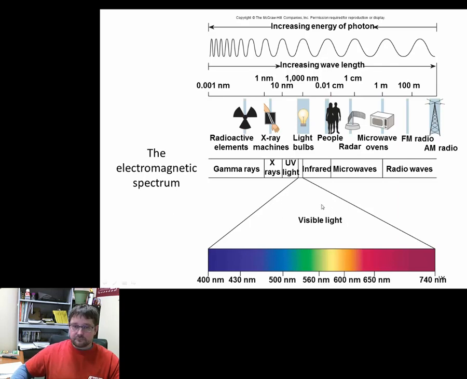And so that doesn't mean that other organisms can't see outside this range. There's lots of organisms that see in the infrared range, above 750. There's lots of organisms that see in the UV range, below 400. So for us to say visible light, we really need to just talk about people. The human visible light range is this.